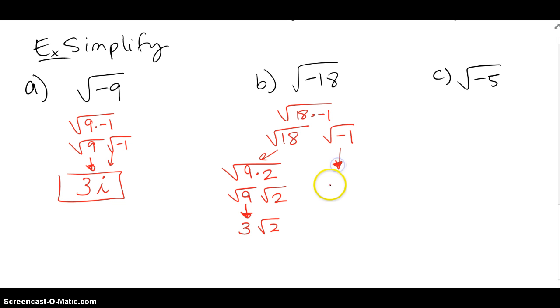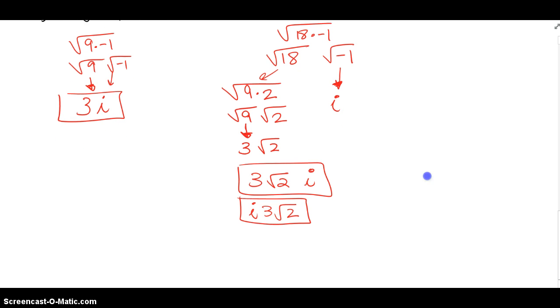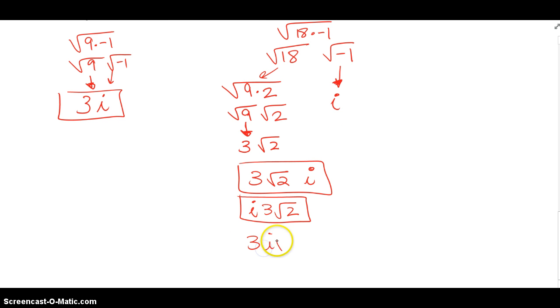And remember, this also pops out an i, so I can think of this as just 3 and then the square root of 2. I can put the i far away, or sometimes you'll see the i in the front, or sometimes you will see i right in the middle of these two. All of these are okay, just make sure the i is not under the radical.